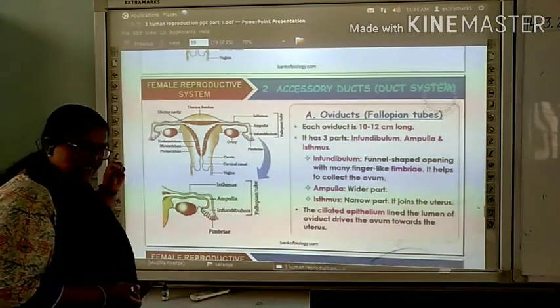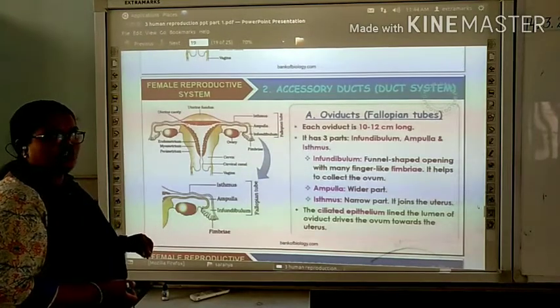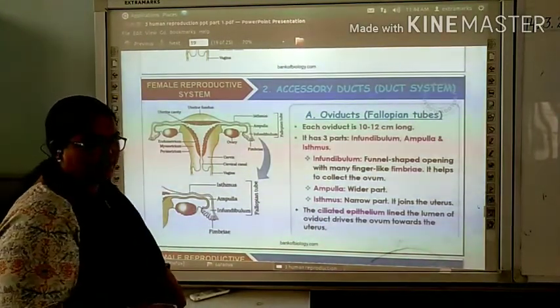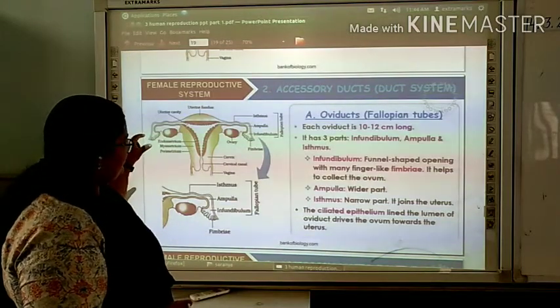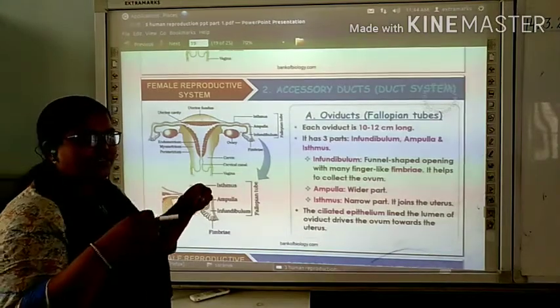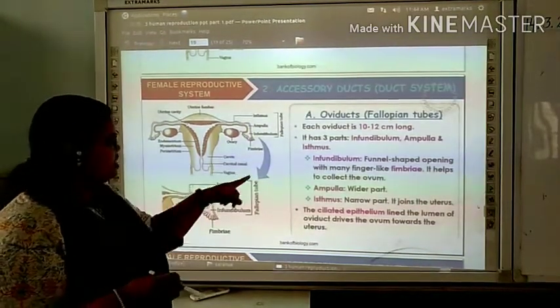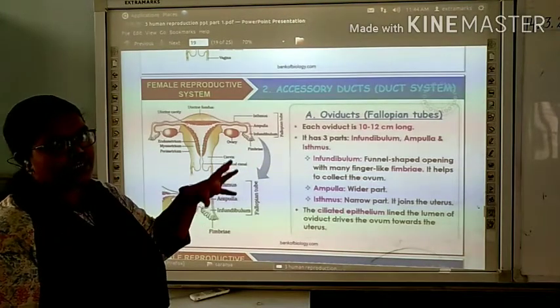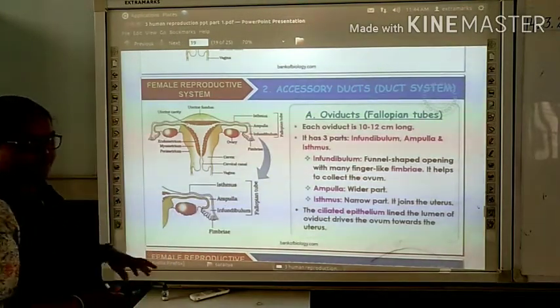That will be collected by the finger-like projections called fimbriae, and it will be taken into the infundibulum. So the infundibulum is a funnel-shaped opening with many finger-like projections at its tip, called the fimbriae, which help in the collection of the ovum.